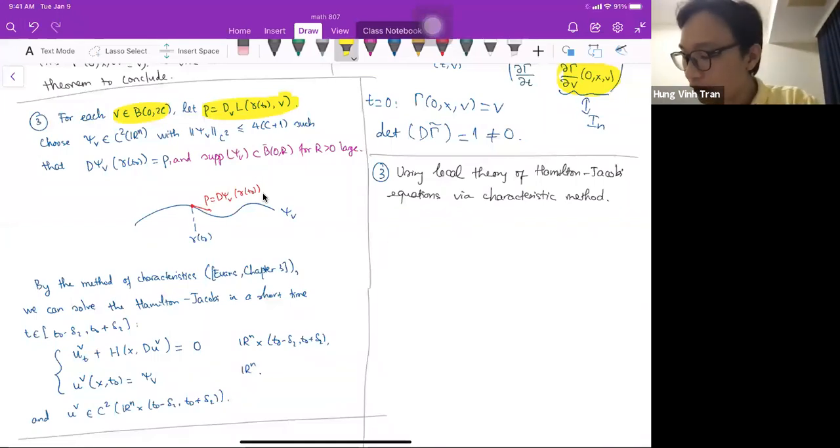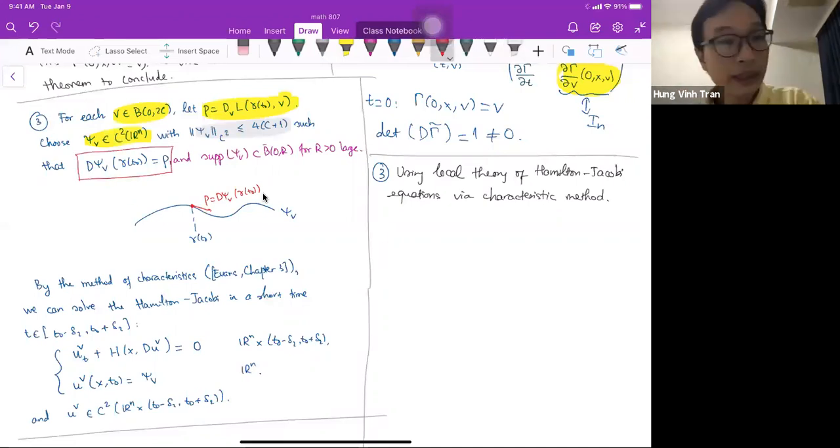And I choose a function c_v in C^2 with bounded C^2 norm, and the key point is that at the point gamma(t_0), its gradient is p. And then outside of a big ball, you cut it off so that it has compact support.